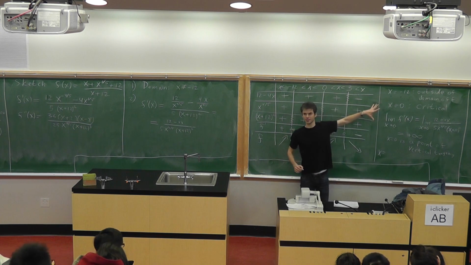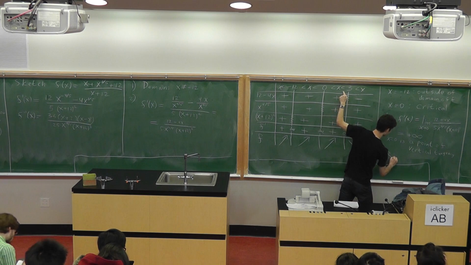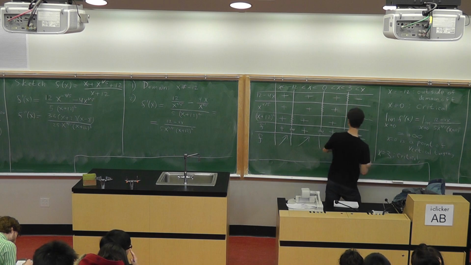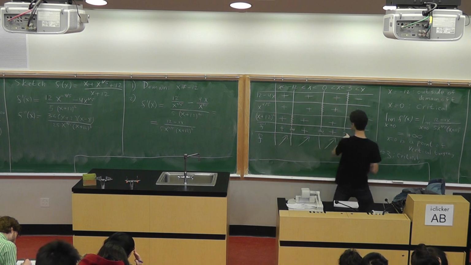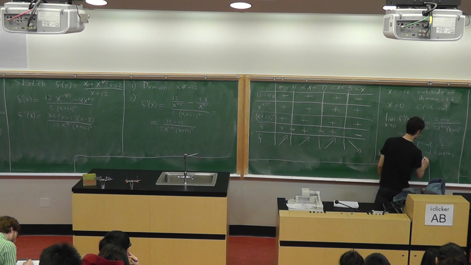So that may be the hardest point of the three. The other one, well, it's obviously critical. The derivative is 0 here. And it's also a local maximum. The function is increasing, then decreasing.